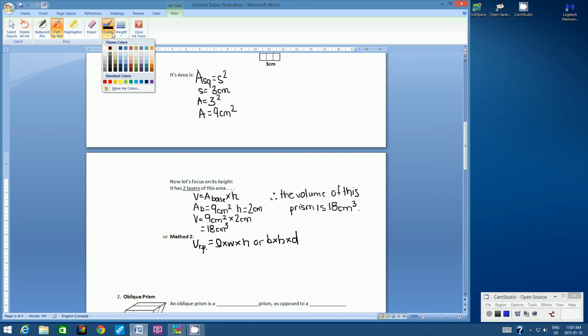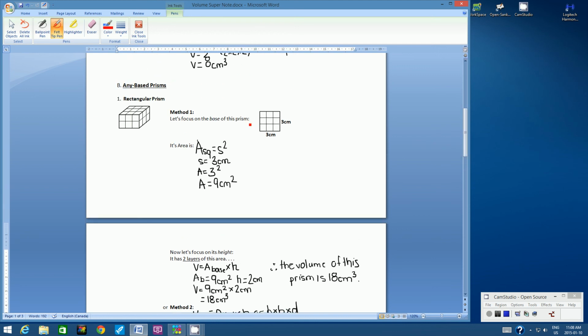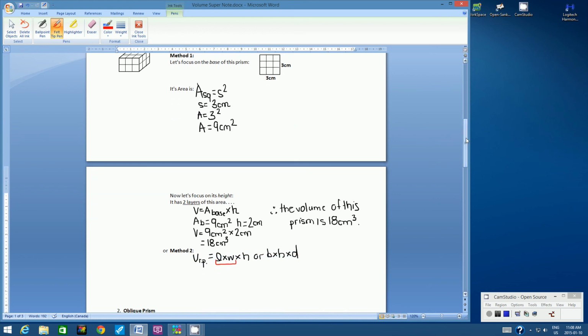For the first two, the length and the width, I always want you to be looking at the base, the bottom layer of that shape. If we go back to method 1, remember the bottom layer was this diagram right here. As long as you call one of these sides the length and one of these sides the width, you'll be fine. Let's write our information line.